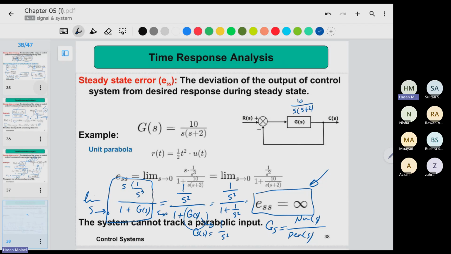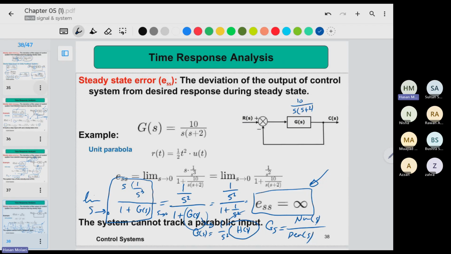Then the limit will not be infinity anymore, because this S squared over here will eventually be cancelled, but we may still have some error, not infinity. So in general, if you assume that G of S is 1 over S squared times h of s, some other function, anything else, then this error will not be infinity.